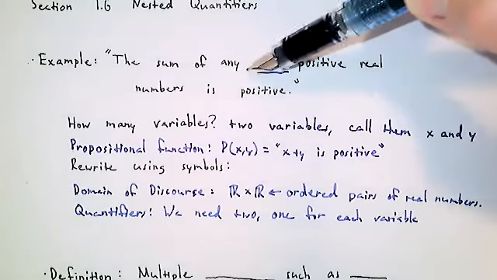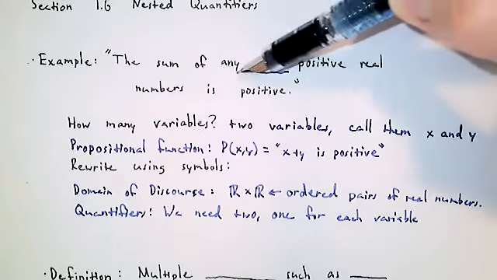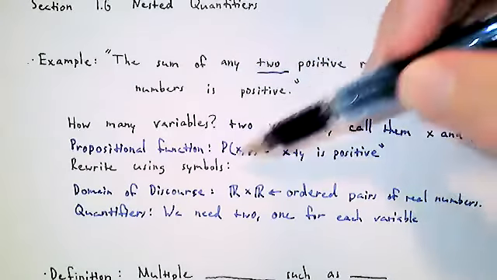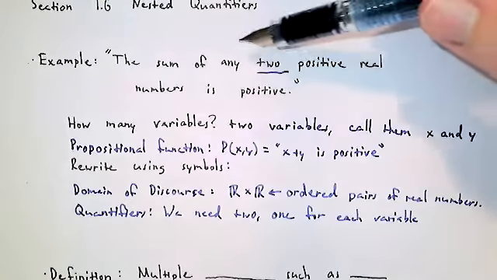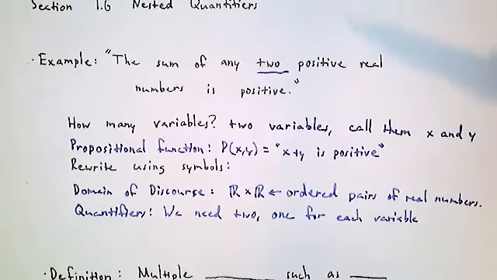Since this proposition is talking about any positive number, that means our quantifiers are both going to be the universal quantifiers, the upside down A's.